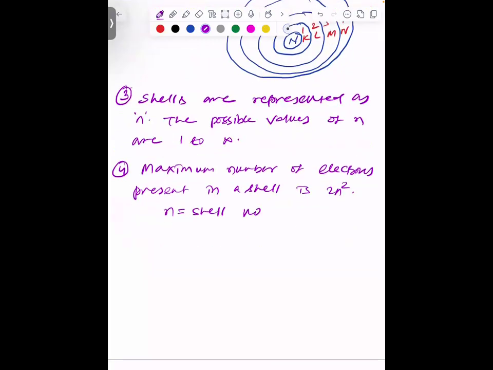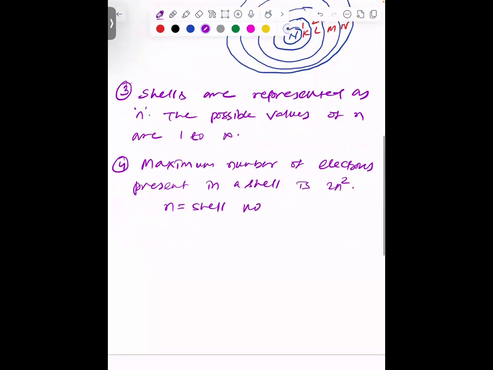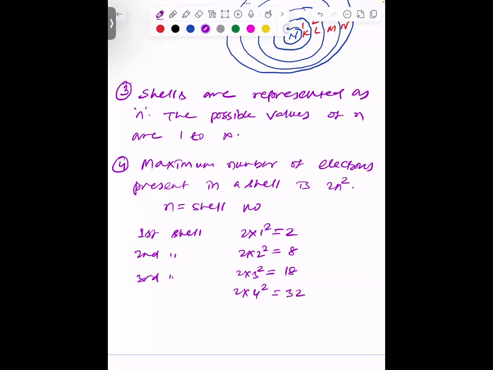So in any shell, how many maximum electrons can be there? 2n square. n is 1, so for the first shell, 2 into 1 square, that is 2. Second shell, 2 into 2 square, 8. Third shell, 2 into 3 square, 18. Fourth shell, 2 into 4 square, that is 32.